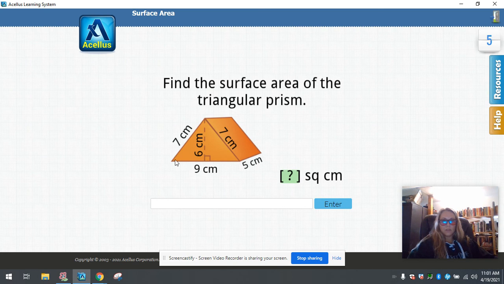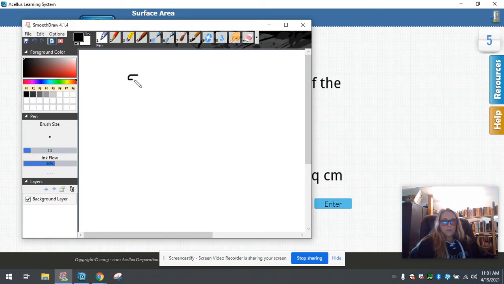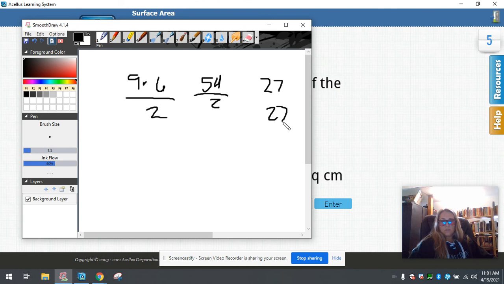So our base of this triangle is 9. The height is 6. 9 times 6 divided by 2. 9 times 6 is 54. Half of 54 is 27. And remember, there are going to be 2 of these triangles with that same area, so I'm going to list 2 of them.